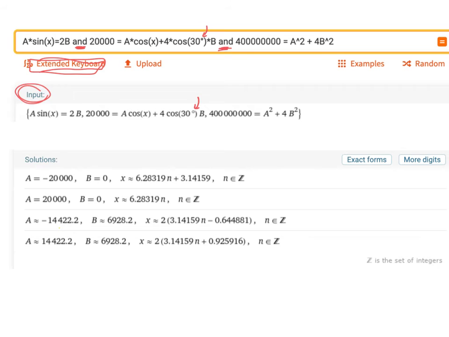It has the three equations I want. And then now the good stuff are the solutions. There was some stuff in the middle here, but I jumped down to the solutions. So it's saying there's 4 possible solutions to this. And 3 of these are going to be inadmissible.